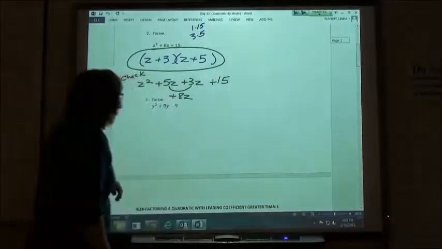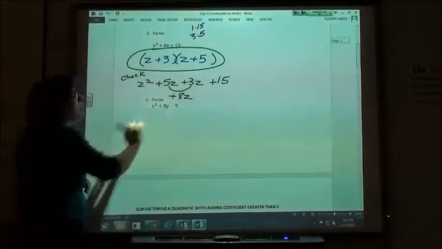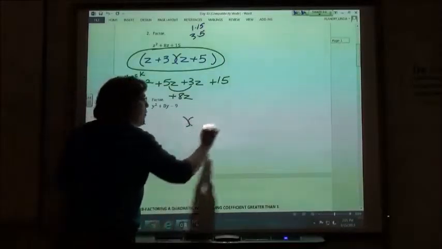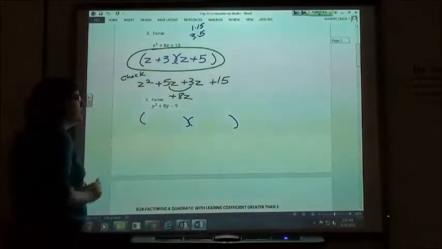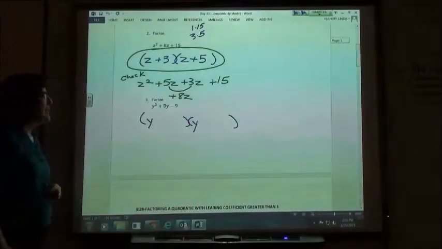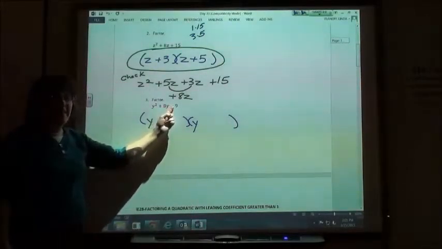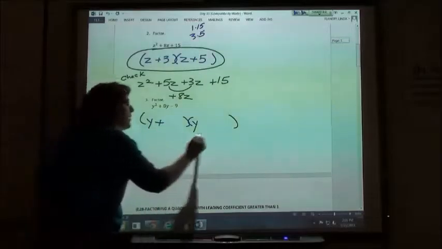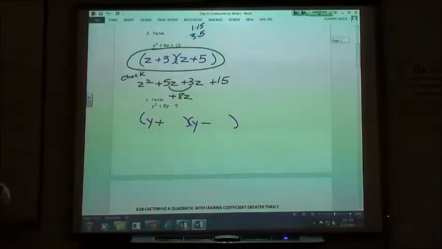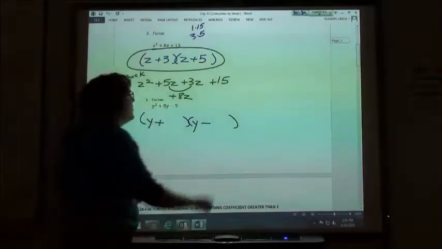Factoring the next one. Again, it's a trinomial, has 3 terms, has the squared, so I know it came from FOILing. Factors of the first term, y squared, y times y. My signs, this one again, the end is a negative, so I know one's a plus and one's a minus. Order doesn't matter, just so you've got one of each. I want my factors of 9.